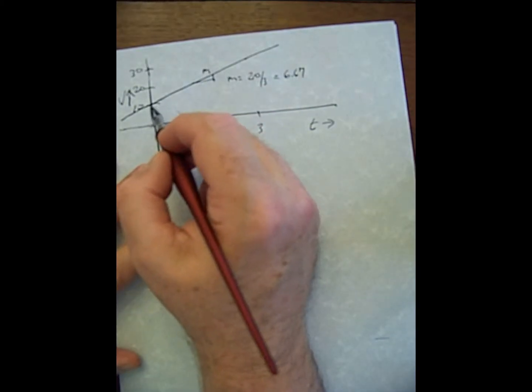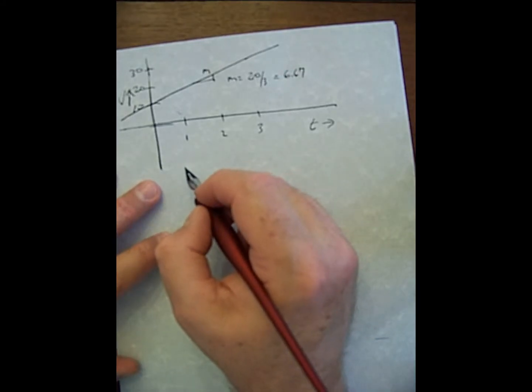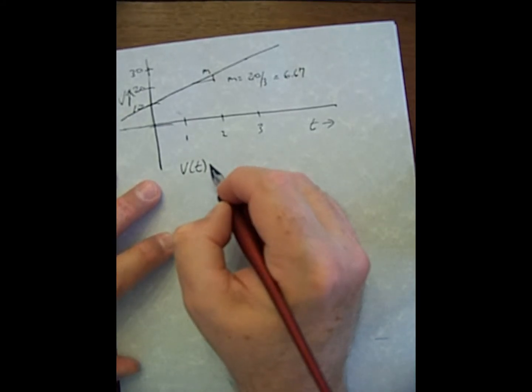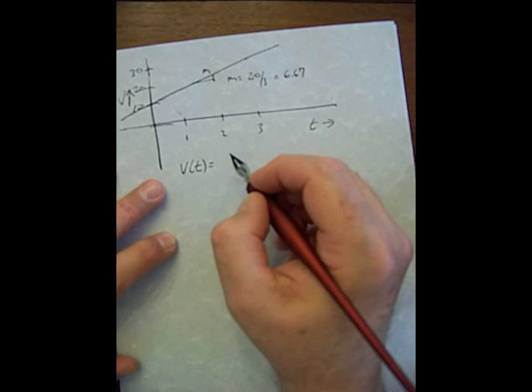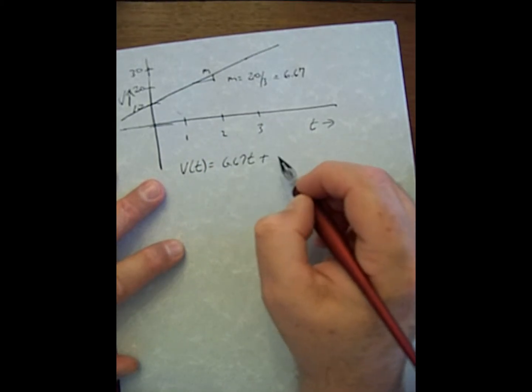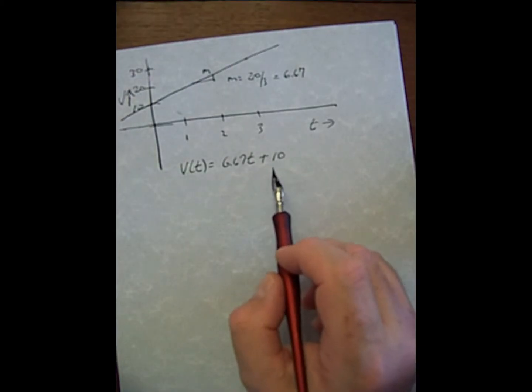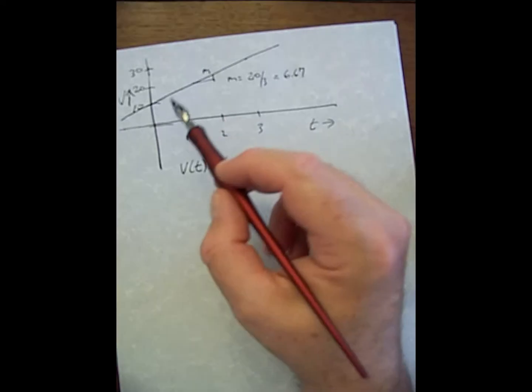Our initial velocity is 10, so the way we would write this is v sub t for this line equals 6.67 t plus 10. So for any value of t, we can find out what our instantaneous velocity is at that point.